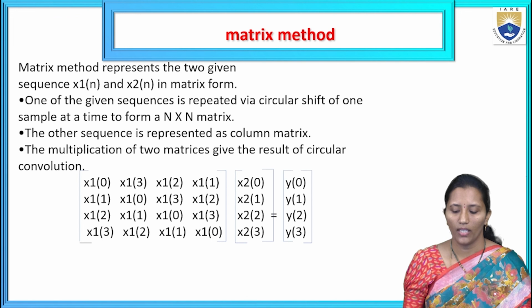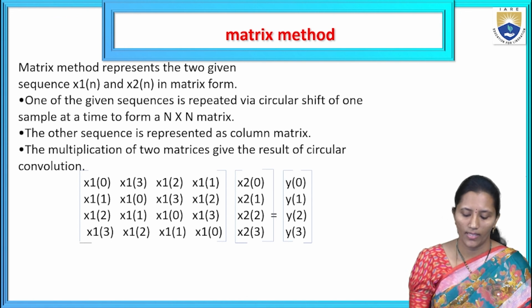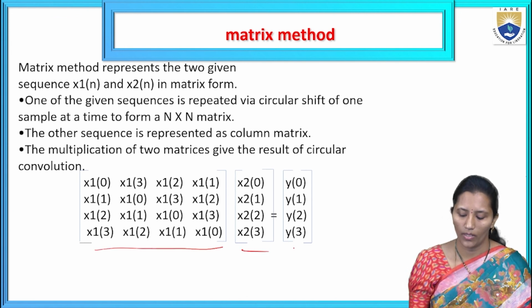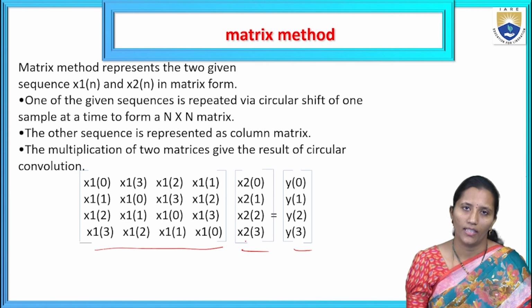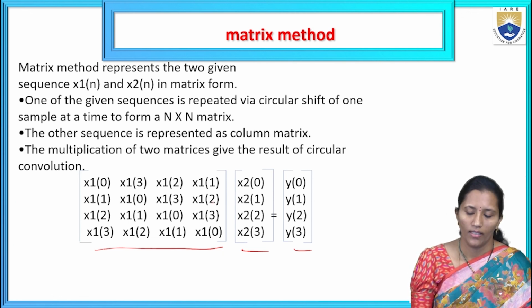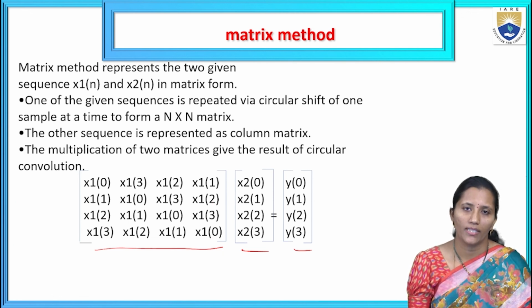So here in matrix method, whatever the sequences are there, the same we have to represent like in the linear convolution only. Here, in linear convolution we make any one sample equal to L plus M minus 1, but here no need to do that.